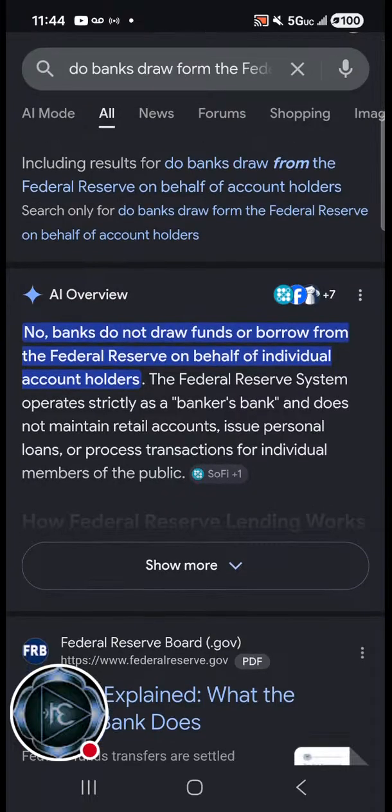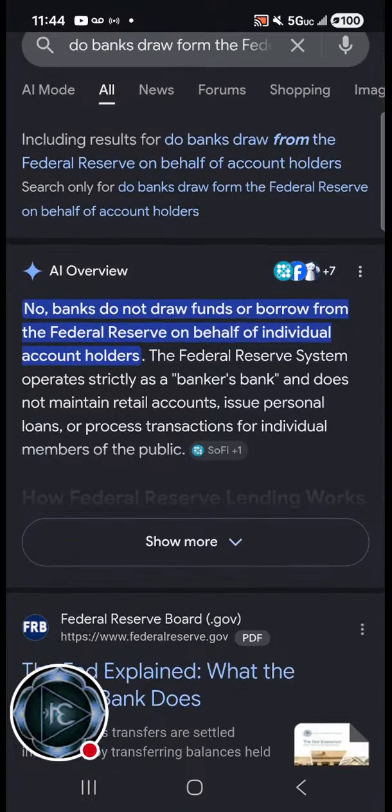The Federal Reserve System operates strictly as a banker's bank. Now, what does that mean? A banker's bank. That means they have exclusive access to the systems, okay, with their credentials and so forth.